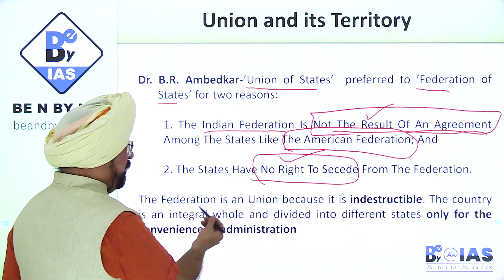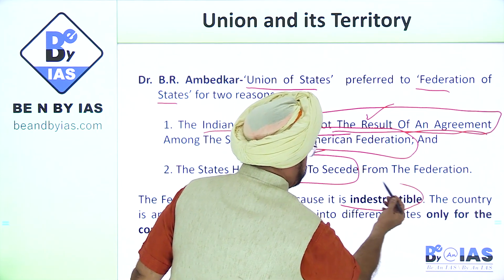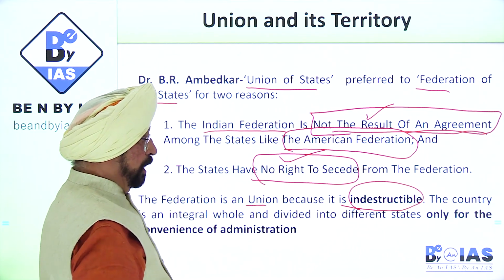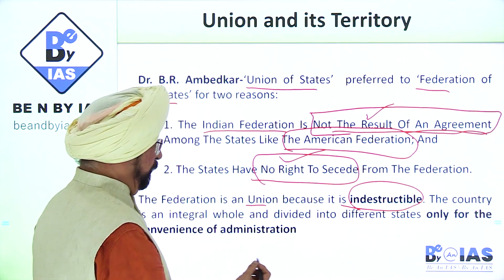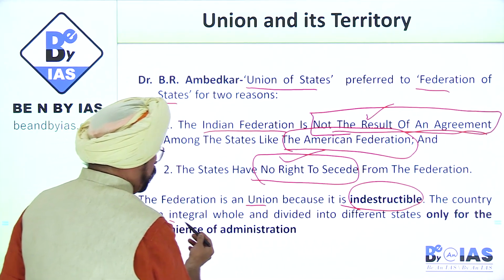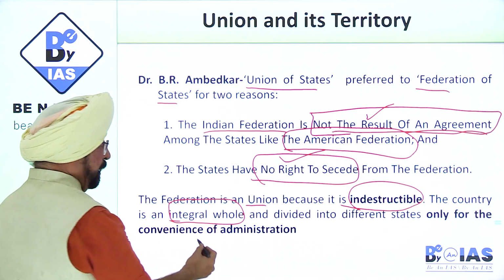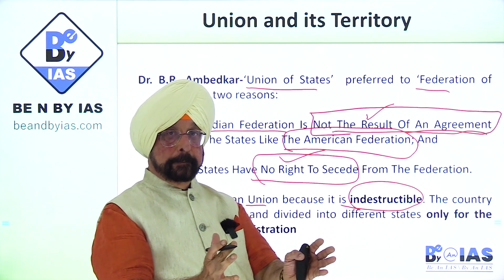So the federation is a union because it is indestructible. Now, what is indestructible and how does it function? We will see now. The country is an integral whole. That means it is one single unit, one union.